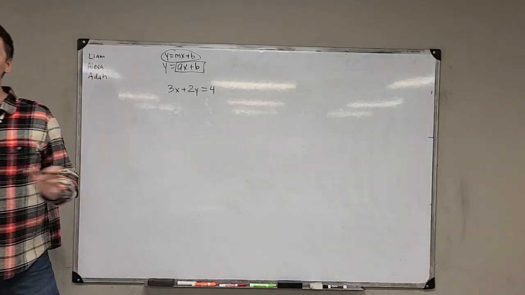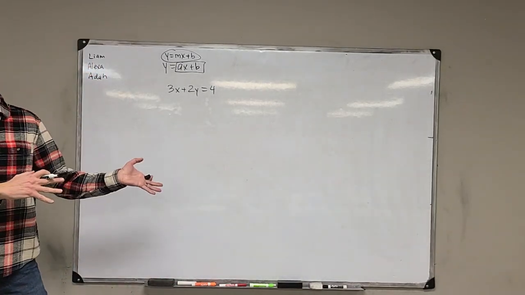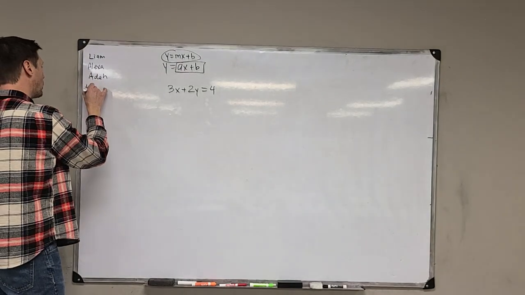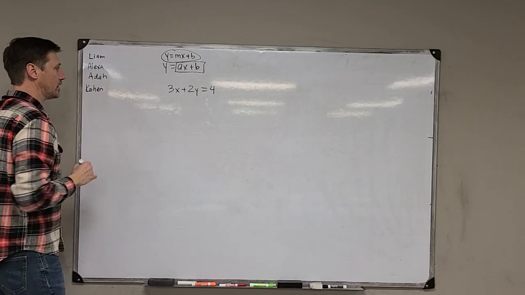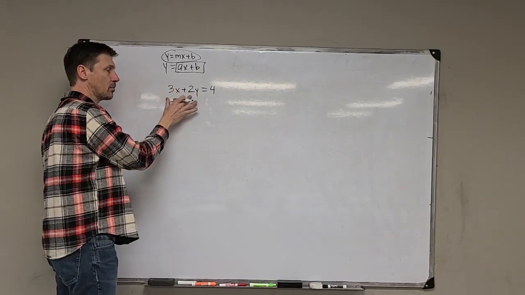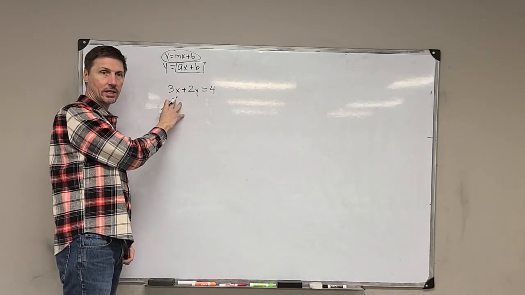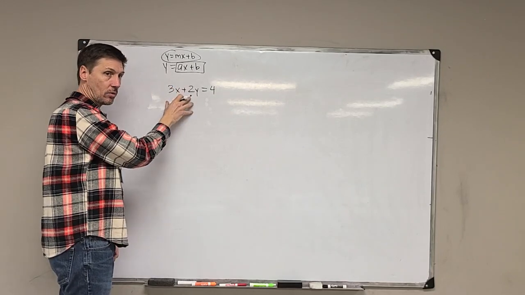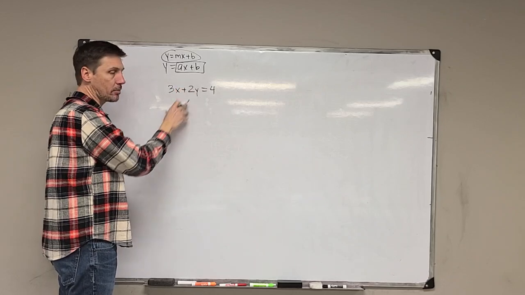I've got to get y by itself, which means I've got to get y on one side and everything else on the other side. Is that correct? Okay. So we've got to get y on one side all by itself. That's the goal. So what's the problem here? We've got this 3x right now that's connected to it. We want to get rid of our plus and minus signs over here where the y is first, and then we can get rid of any numbers that are in front of the y.